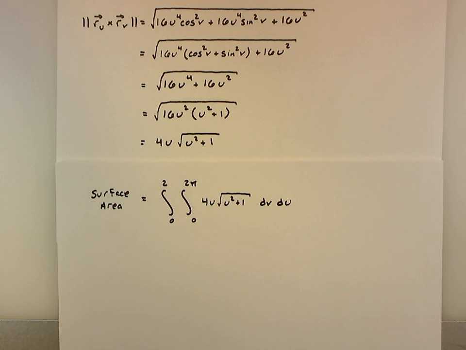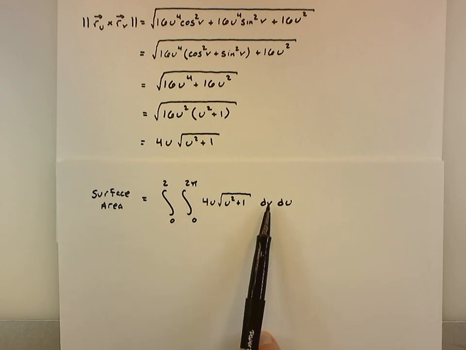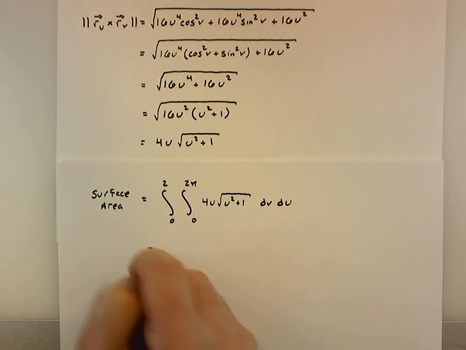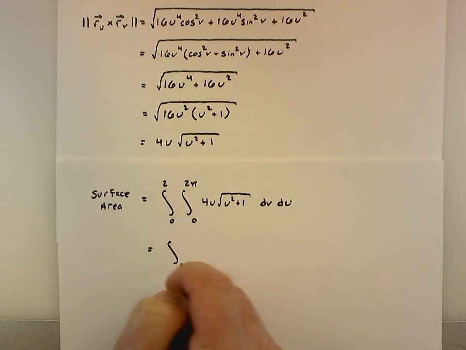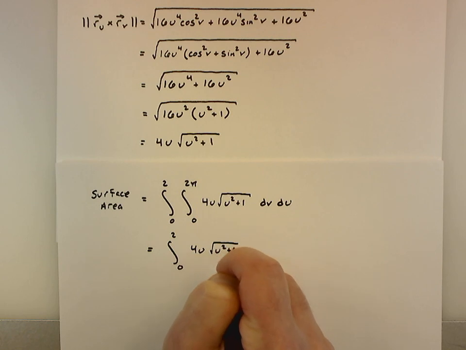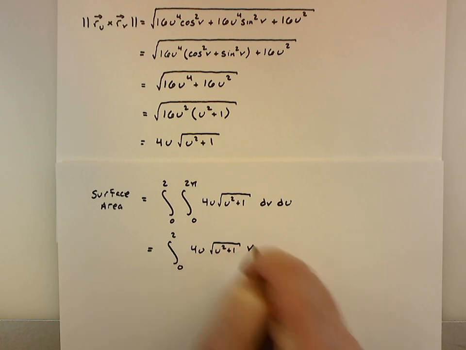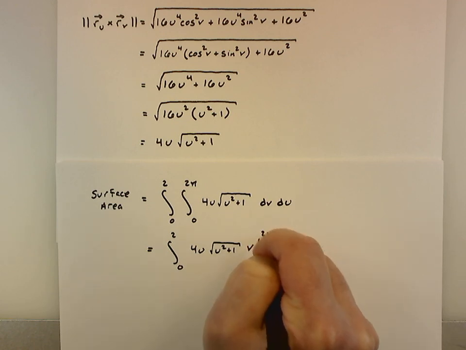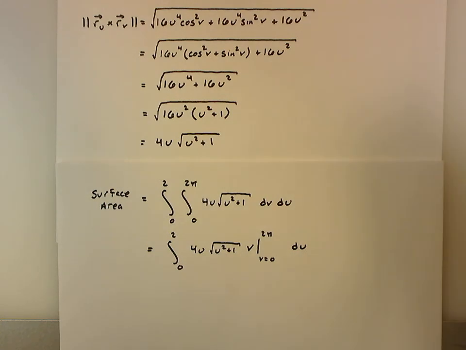So to integrate this, I'll do a substitution. Before a substitution, I'm integrating this with respect to v first, so I'm just going to introduce the variable v. So I'm integrating from 0 to 2 of 4u multiplied by the square root of u squared plus 1 multiplied by v, and then v goes from 0 to 2 pi, then I'm integrating with respect to u.